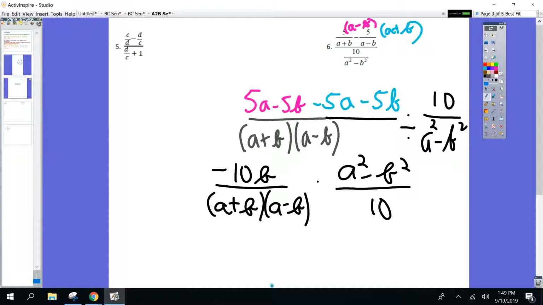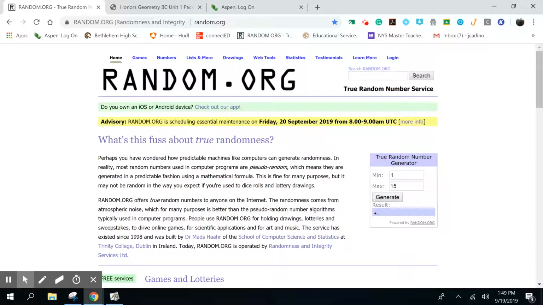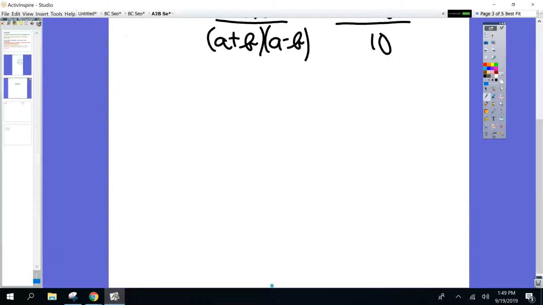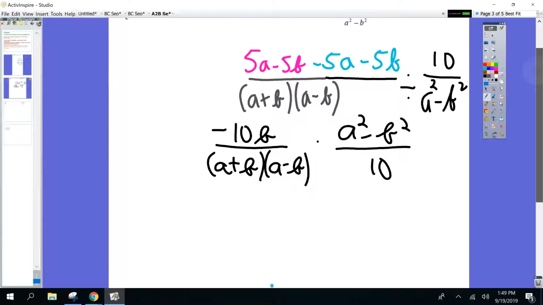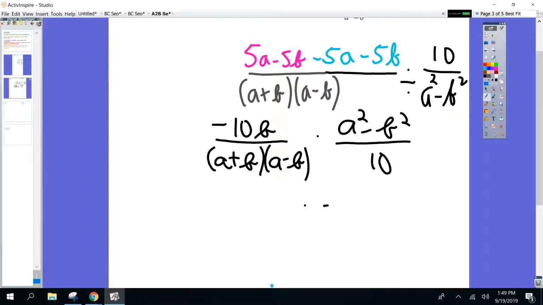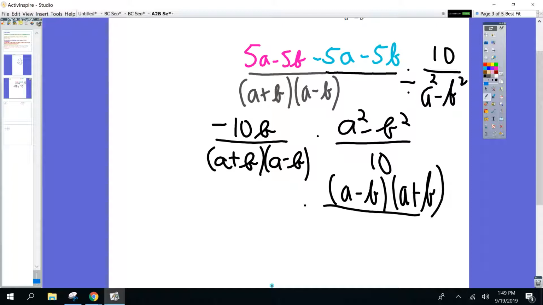Can somebody factor? 13, a little factoring game for me. Which one are you going to factor? Yep, there's only one you can factor. Go ahead. All right, good.